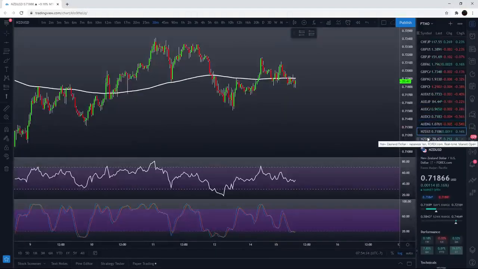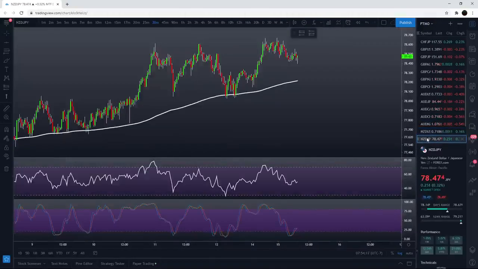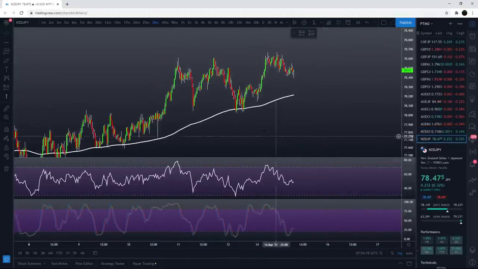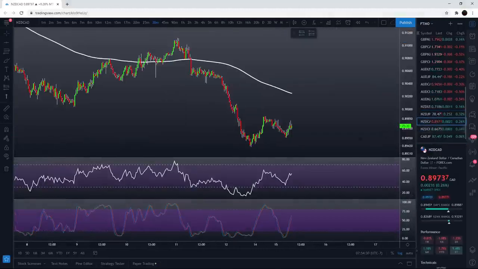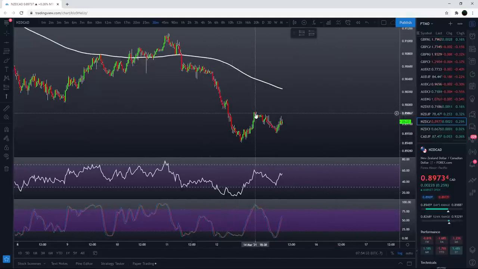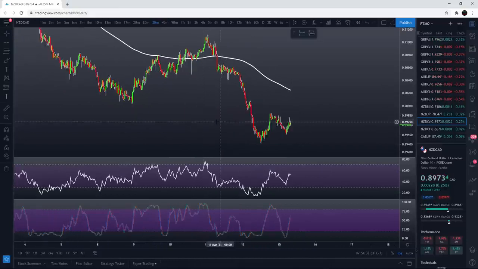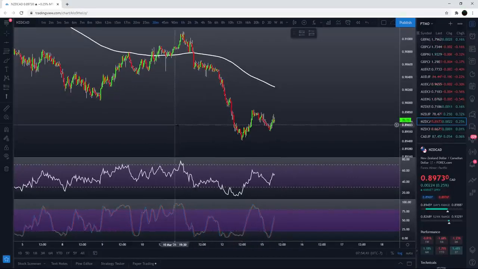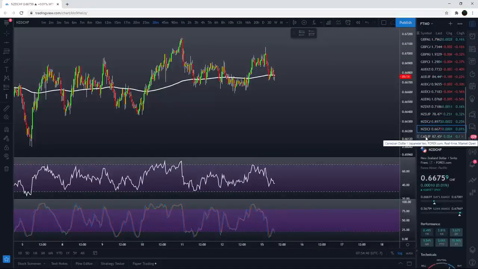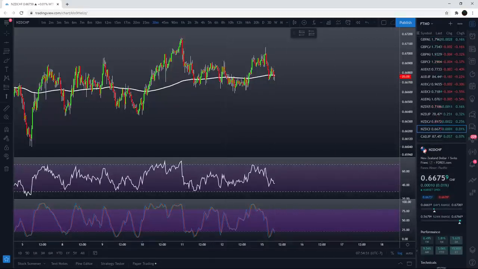No hidden divergence. No. Got to pull back here in an uptrend. Yeah, no hidden divergence there. I don't think that's gonna happen. Got to pull back. Yeah, not really. Nothing really there for us. Nope.